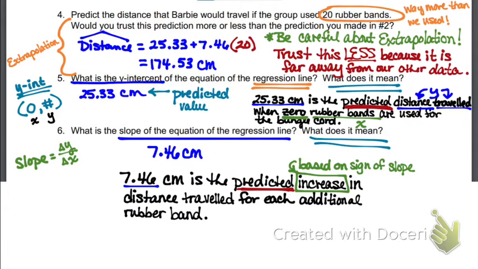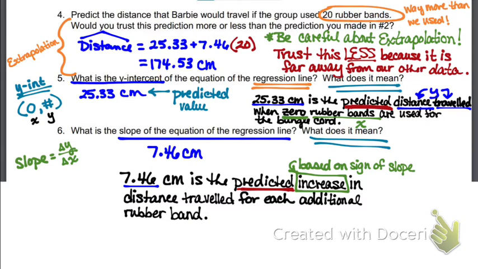If you had a negative slope, I would not say negative 7.46 centimeters. I would say 7.46 centimeters is the predicted decrease. So I would let my words indicate the sign. I wouldn't put a negative because we can't travel a negative distance. And so I wouldn't have a negative with that there.